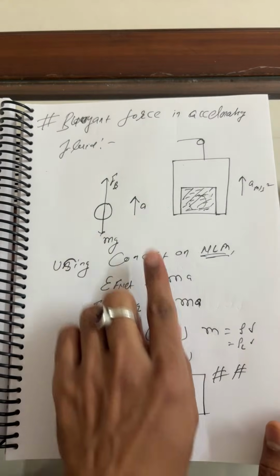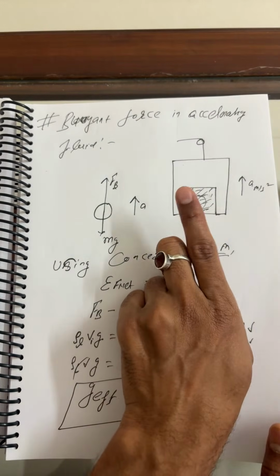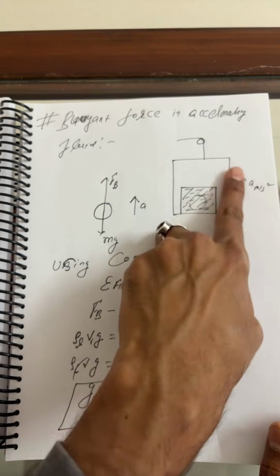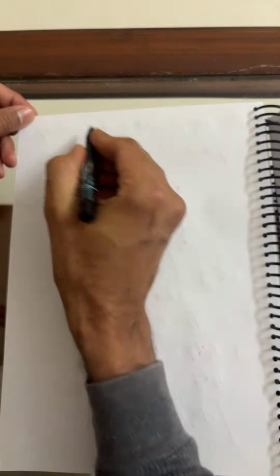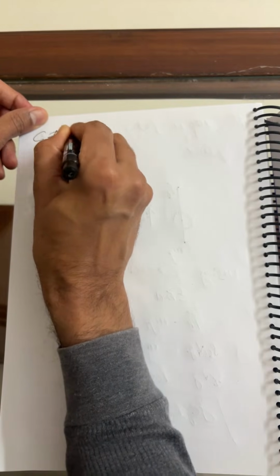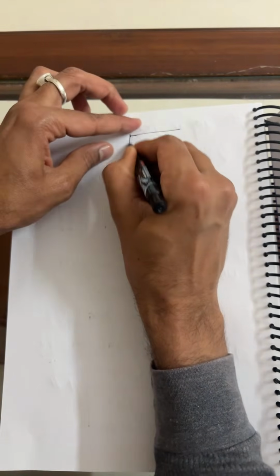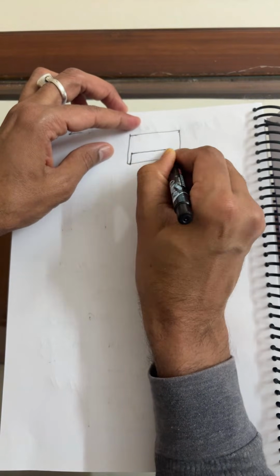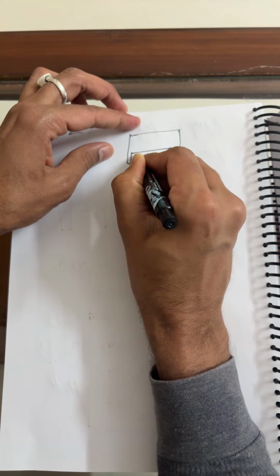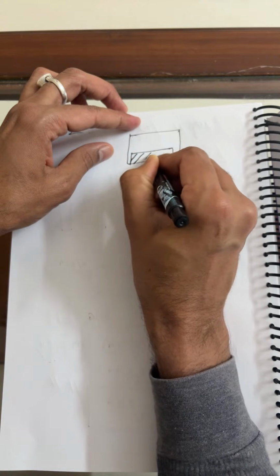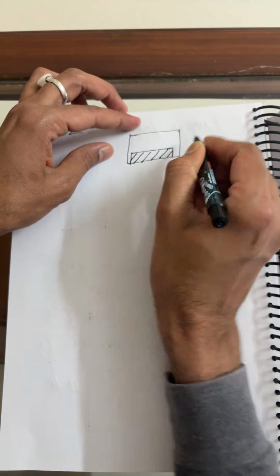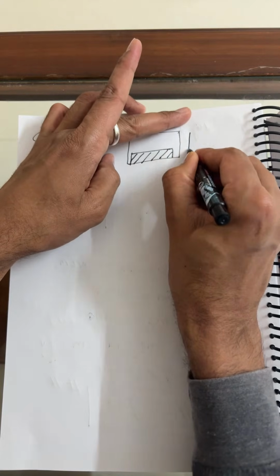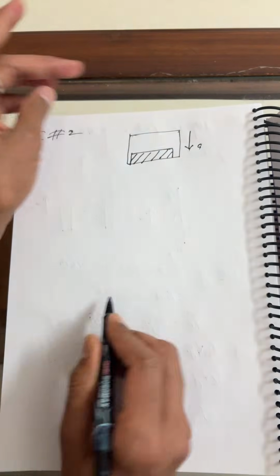What I have taken is that your container is inside the elevator, in motion in the upward direction. This is case number 2. Here I'm considering the elevator in motion downward with acceleration a.